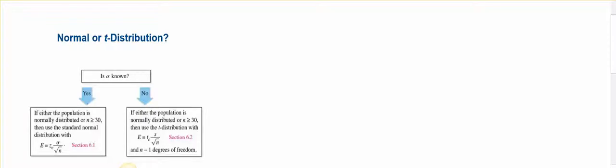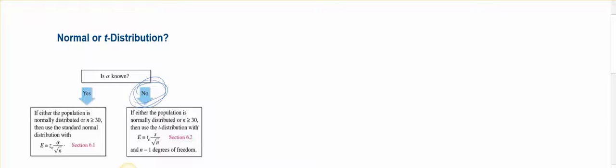But if it's yes, then you are going to use z, the standard normal, if the population's normal or n is at least 30. If it doesn't fall under either one of those, then we have a totally different test to run, and that's a different course. Sigma is most likely not known, and so you would answer no to this question.